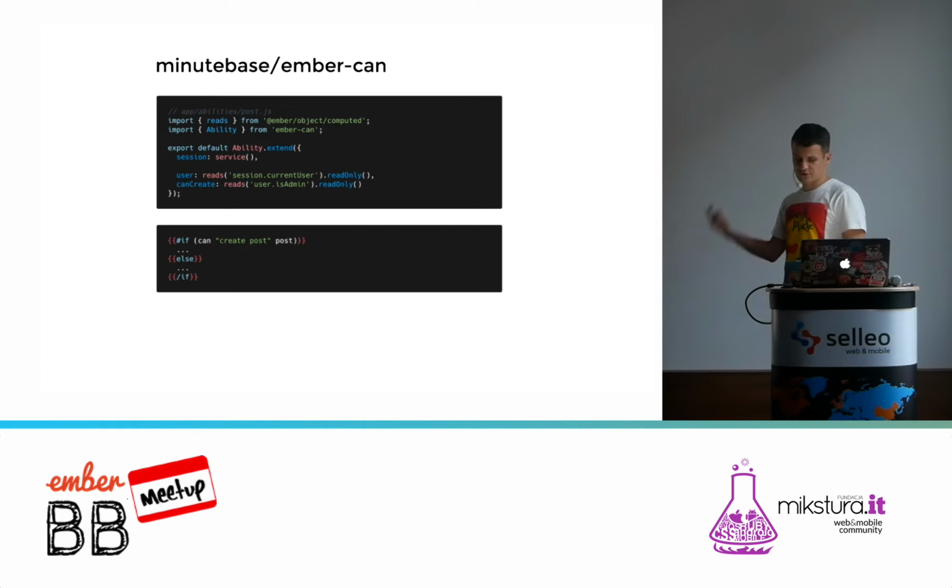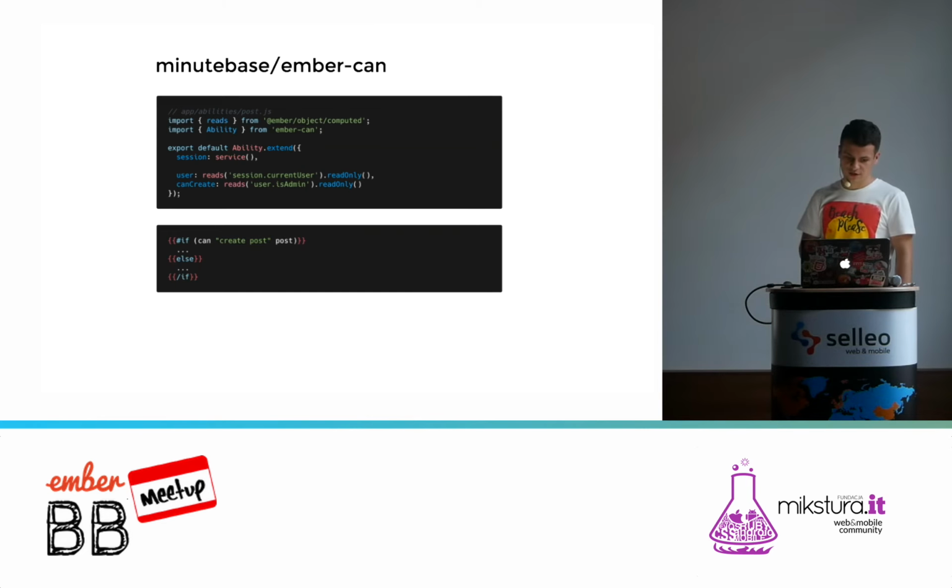You can, of course, customize the implementation of the ability, but based on the ability and a very nice sentence-like syntax, it can guess, for instance, that you can create post. And that's it. It will call a specific ability, which is post.js, and it will call the canCreate method.